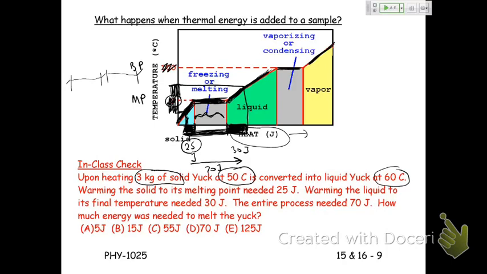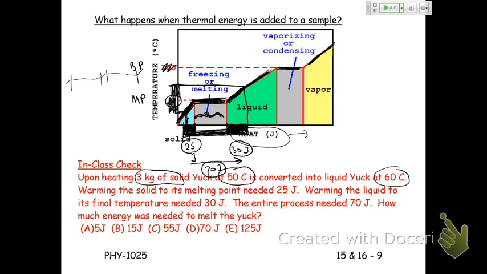So how much energy did I use in that bit? If the total process took 70 joules and I used up 25 in getting it to its melting point, and I used up another 30 in warming up the melted yolk, how much was left over?